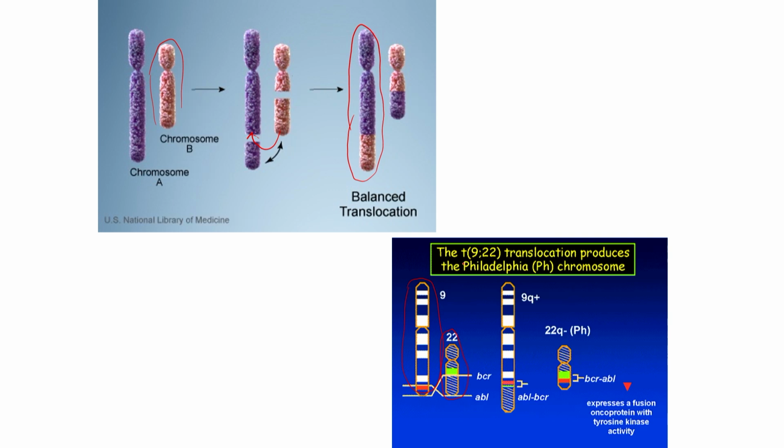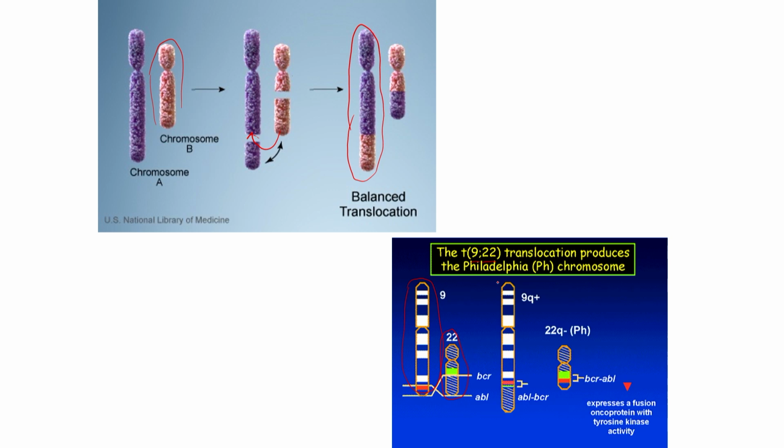So, the T9 semicolon 22, that is how it is written. When such kind of translocation occurs, a part of this chromosome is going here and a small part from this large chromosome, chromosome 9, comes here and a large part of chromosome 22 is going there.